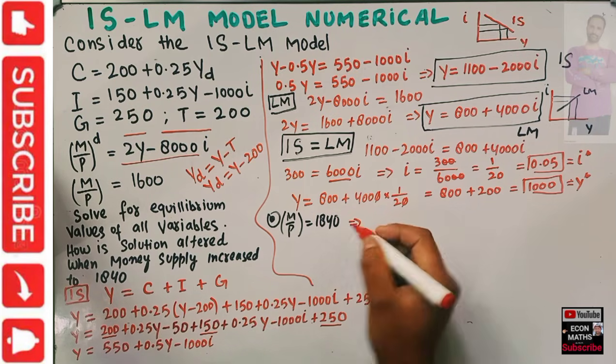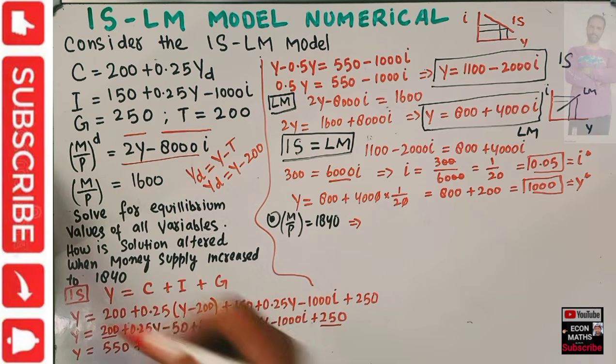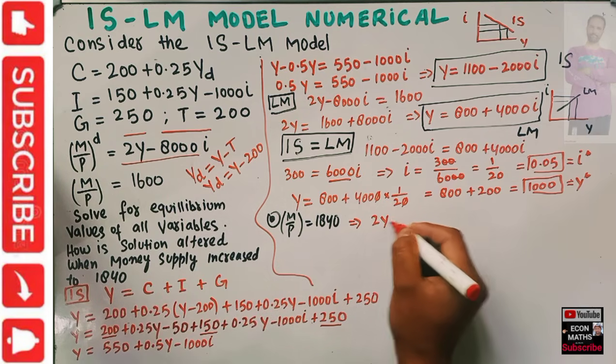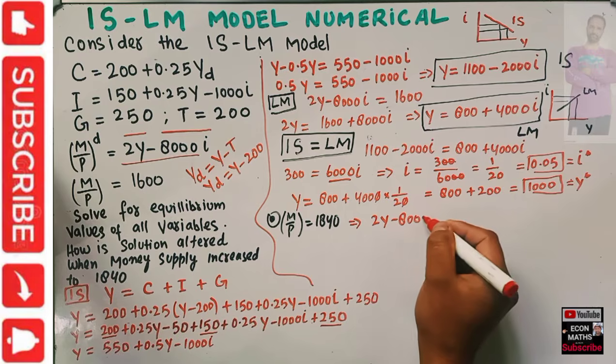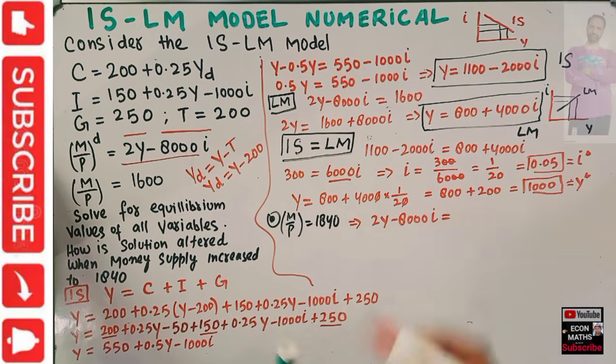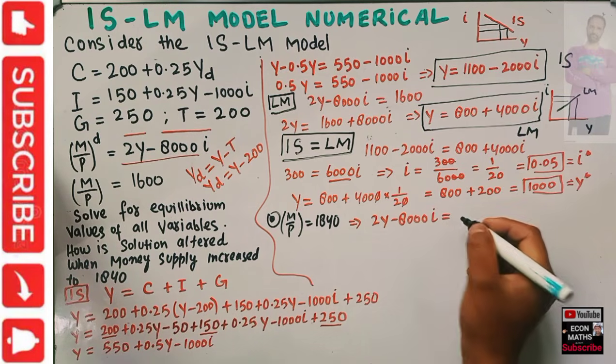Now you know, money market equilibrium requires that money demand should be equal to money supply. Let us equate our old money demand with the new money supply, which implies 2Y minus 8000 I should be equal to our new money supply, which is 1840.